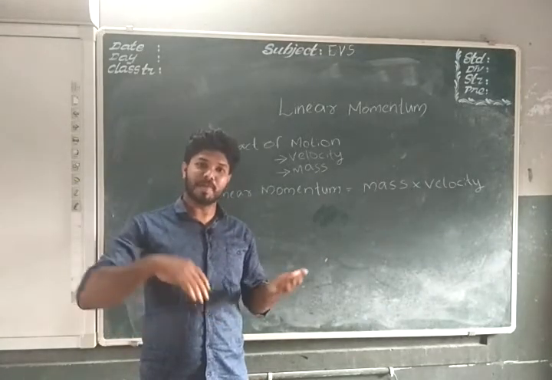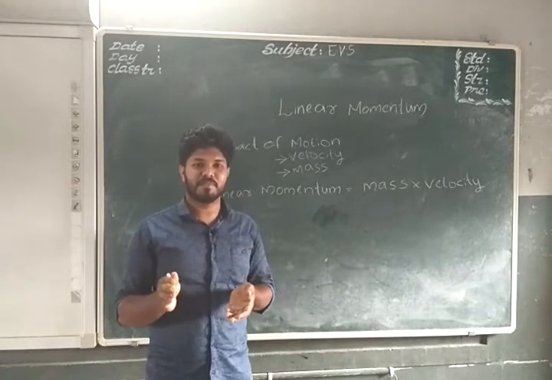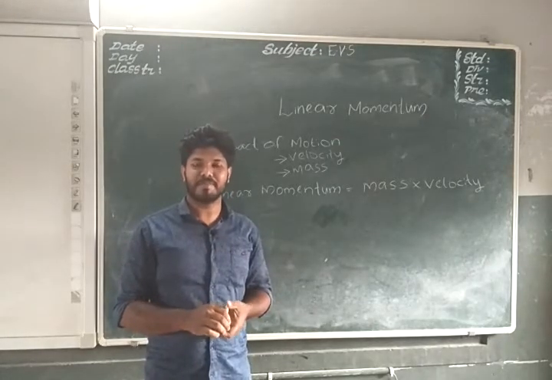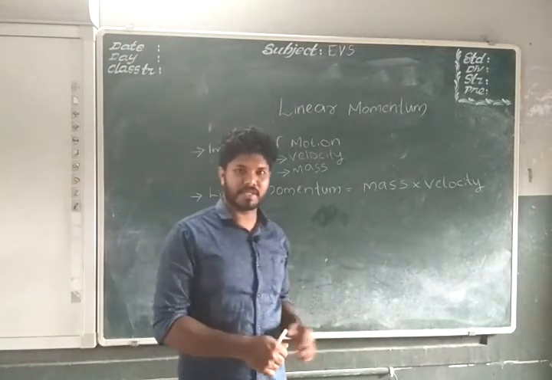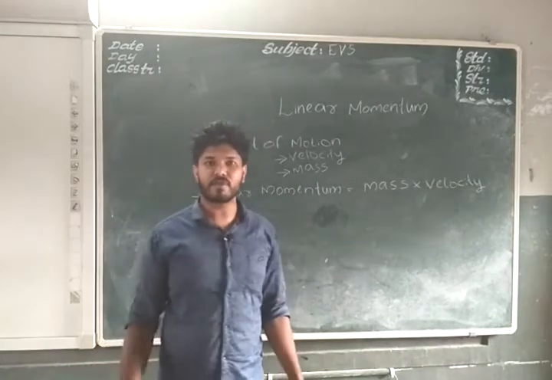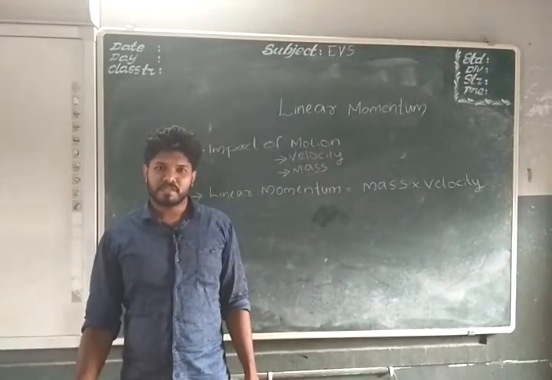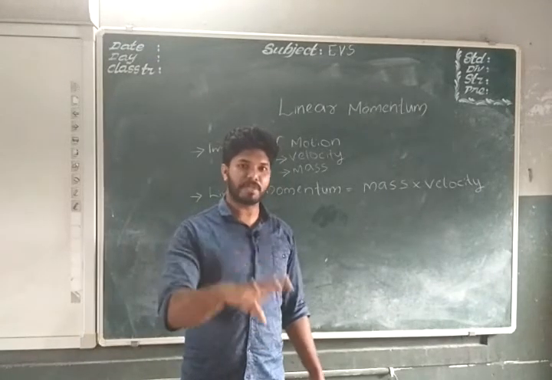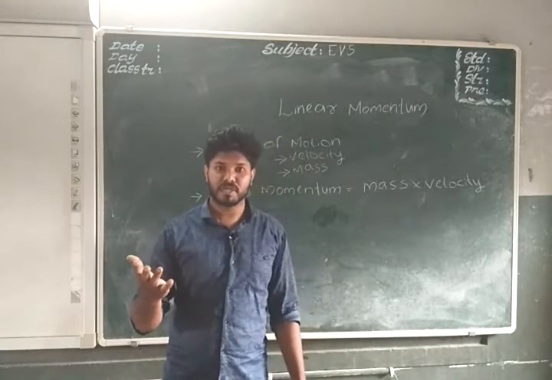And even if the mass is too high, if its speed is very much low, then also the impact is less. If you are walking on the road, and a truck that weighs 4 or 5 tons, 5 tons means 5,000 kilograms, hits us, even if the truck is moving at 5 meters per second or 4 meters per second, we will get hurt and even we may go to danger.